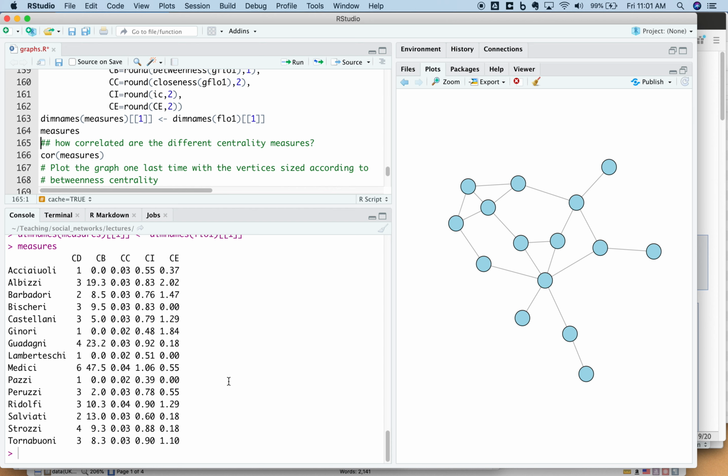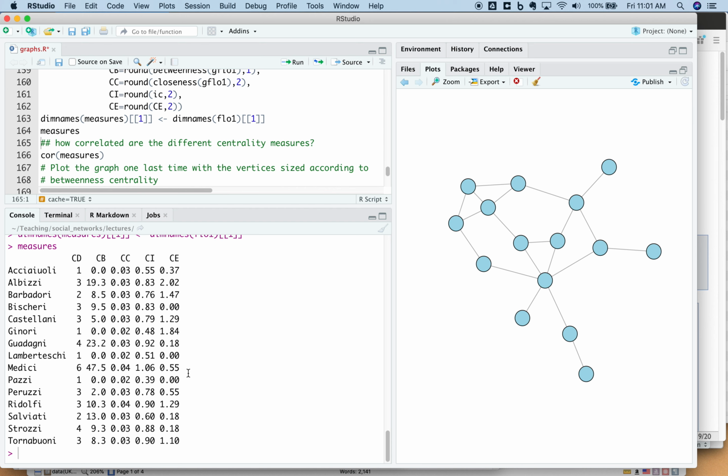And of course, we'll see that if we look across, the Medici frequently have the highest centrality measures because they're quite central to the network. What's interesting, though, is that they don't have the highest eigenvalue centralities, because they're so central, they're so connected.